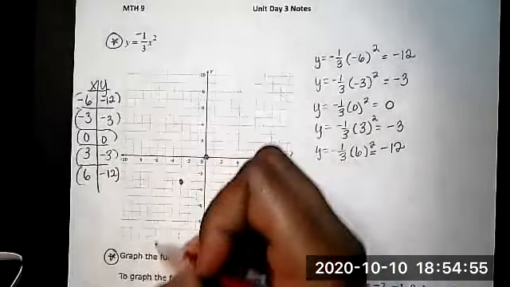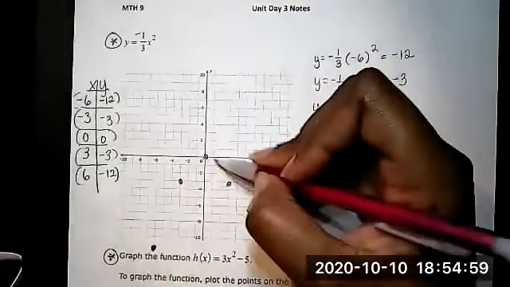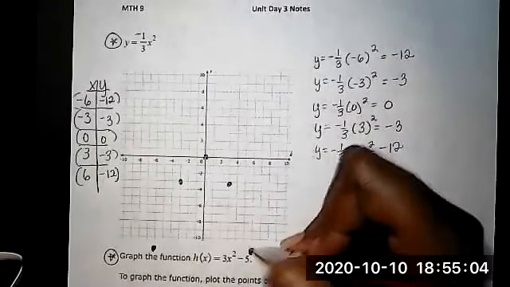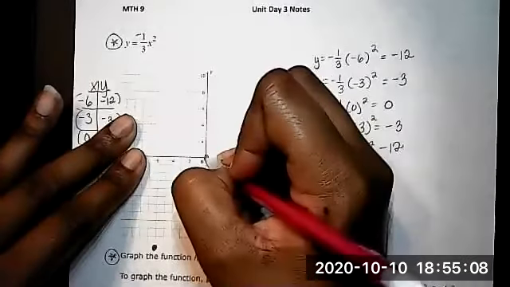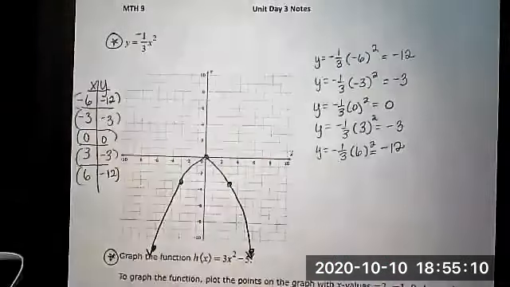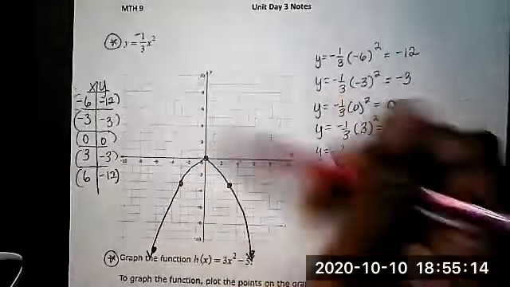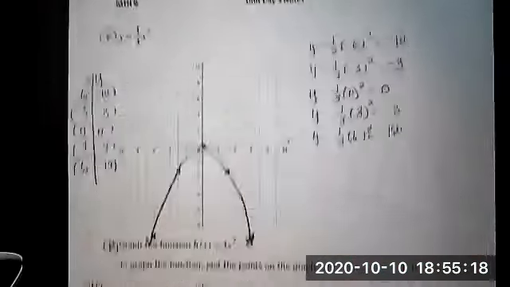It's kind of off the board, but that's fine. And then +6 also goes to -12, off the board, and that's fine. So it's basically looking like this, exactly what I said. It's going to face downwards. Why? Because the first number is negative. So you know it's going to have a downward, a frowny face, because of that negative in the first number. Okay, kind of wanted to show you that.